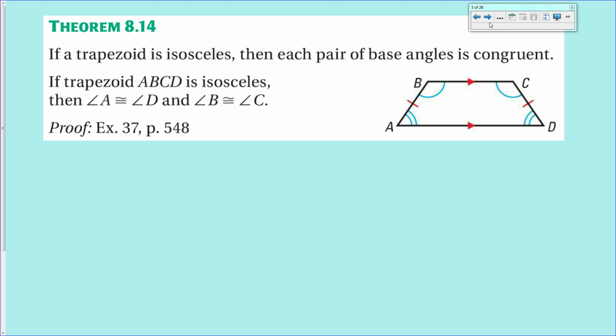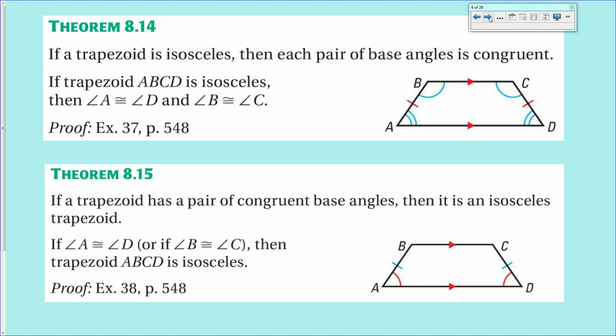This is really similar to the base angles theorem that we had about triangles. And just like that one had a converse, so does this one. So theorem 8.15 simply says that if you have congruent base angles, then you have an isosceles trapezoid. That is, its legs are the same length.